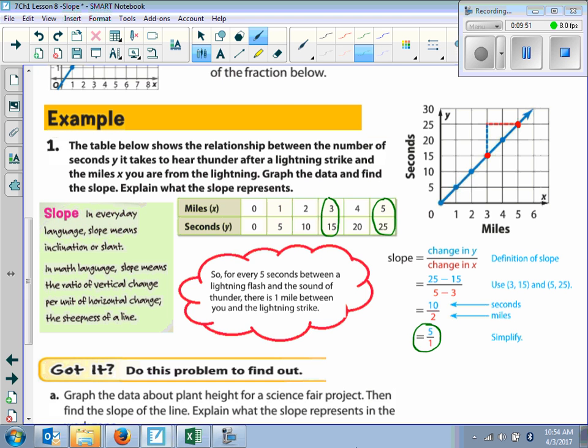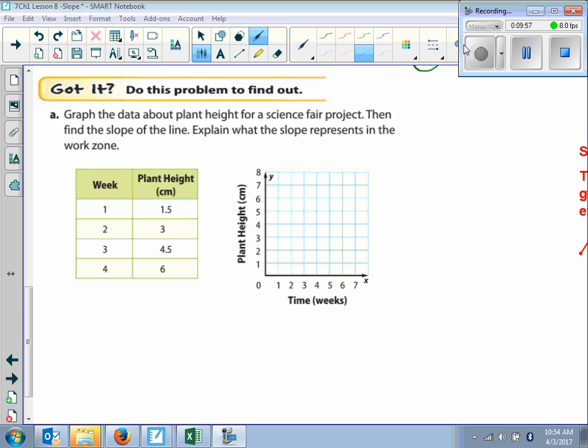So, for example A, it says, graph the data about the plant height for a science fair project. Then find the slope of the line. Explain what the slope represents. So here we have our table, and we want to put this information on the graph.